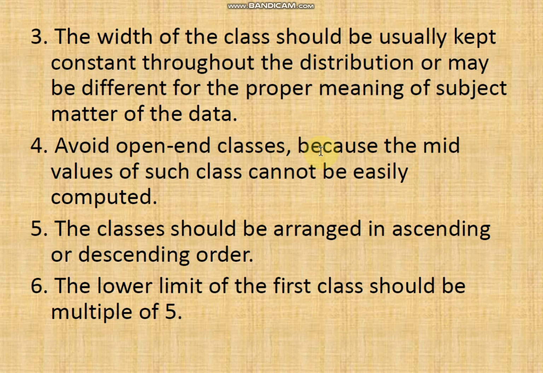So if you construct the class intervals with a width of 5 or 10, it would be easy for you to remember and write the class intervals. While classifying the data points with respect to their class intervals, it would be easy for you to identify the points and write them under the specific class intervals they belong to.